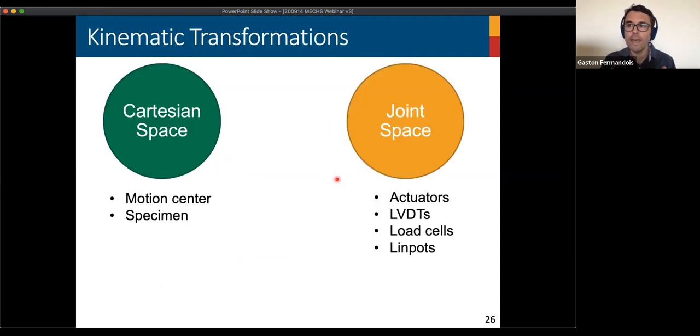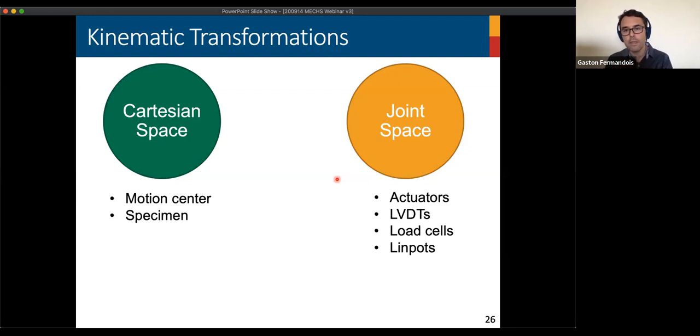So with that, we also define 2 different spaces where we're going to work in maRTHS. The first is the Cartesian space, which has all the Cartesian coordinates, 3 translations and 3 rotations, of the motion center of the moving platform, where we connect the specimen, or even the specimen. If we want to control one point of the specimen, that will be measured in Cartesian space.